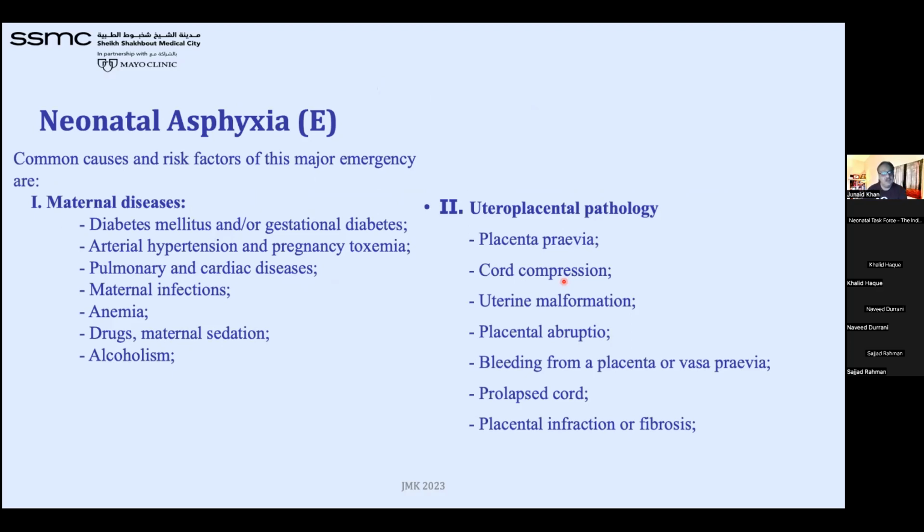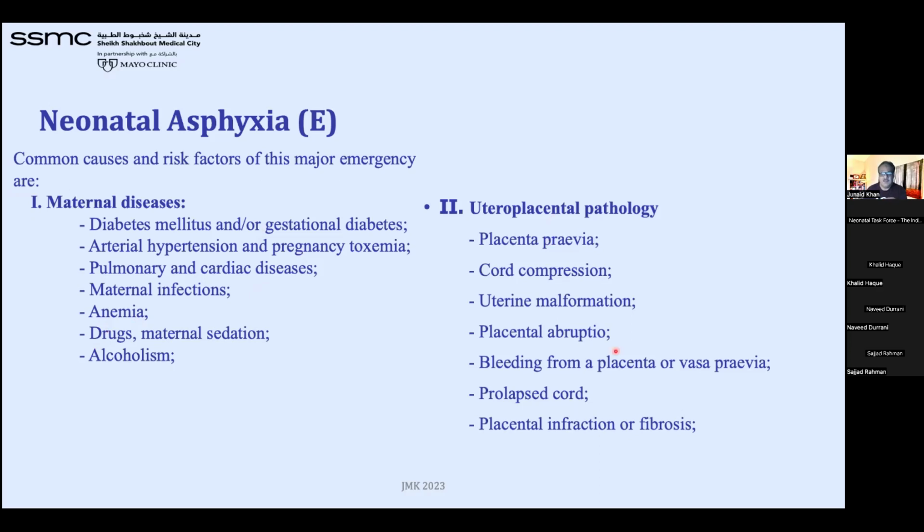So anyway, maternal diabetes, as I said, gestational diabetes, can very easily be controlled during pregnancy. Arterial hypertension, pulmonary and cardiac diseases, maternal infections, anemia, drugs, maternal sedation. Drugs, before we thought it was a problem of the West, but no, it is a problem of the East also, and also alcoholism.